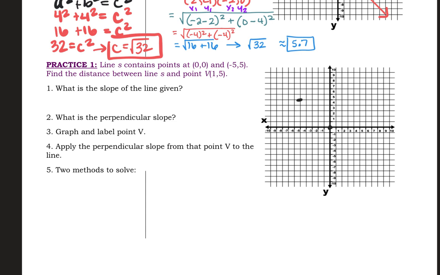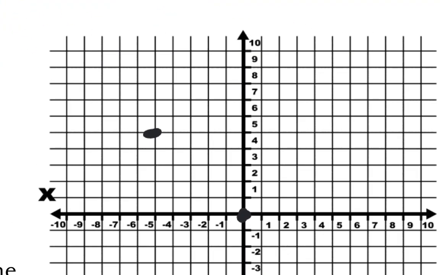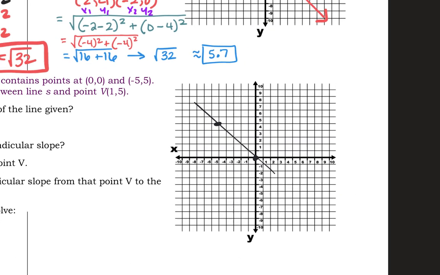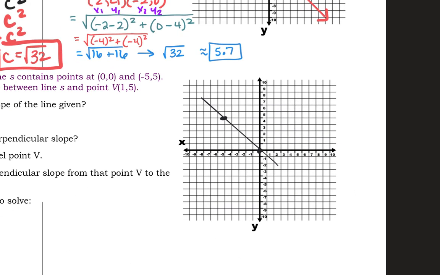All right, so... wrong one, line. All right. We should also graph the point V, which is at 1, 5. So 1, +5. That's going to be point V. What's the name of our line?